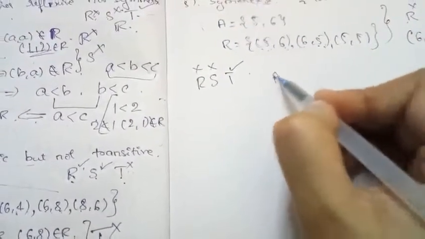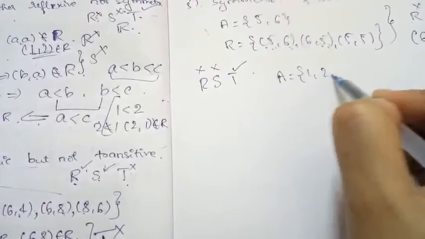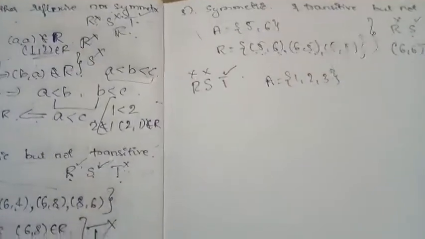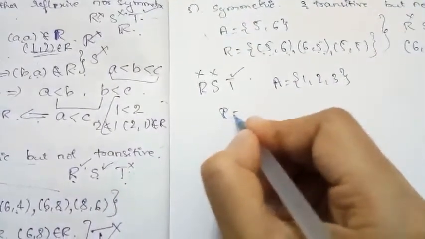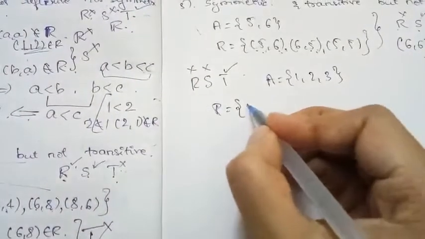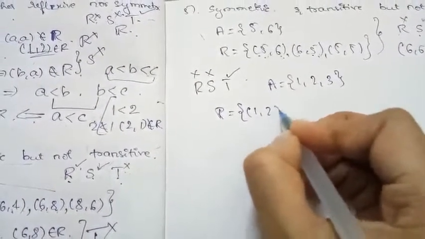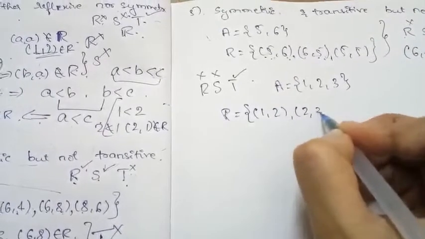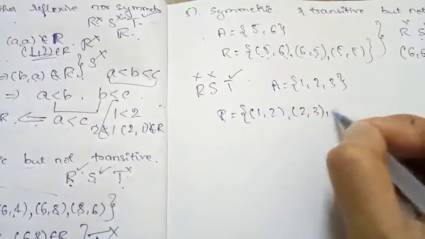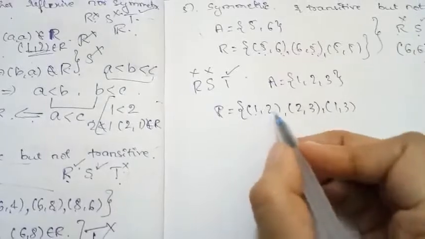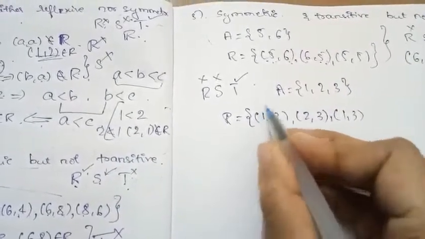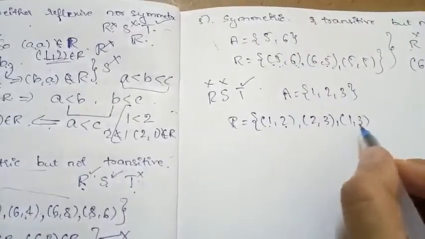Suppose I consider a set A with 1, 2 and 3. Now I define a relation in such a way that it is transitive, so I take (1, 2), (2, 3) and (1, 3).